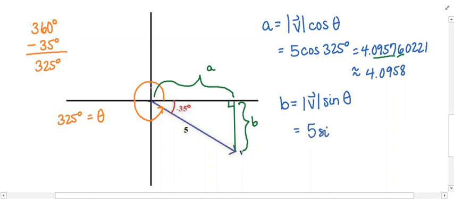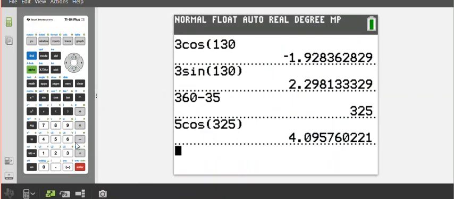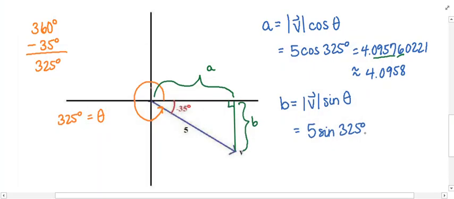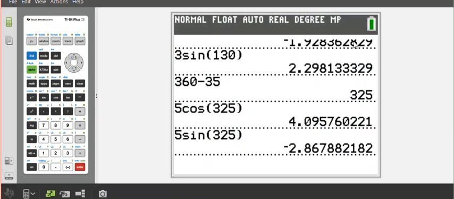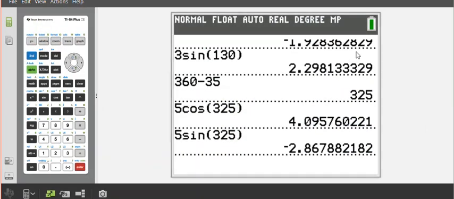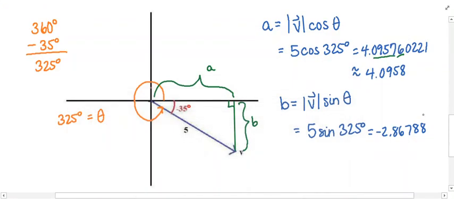To get the vertical component, which should be negative, this is going to be the magnitude of 5 times the sine of 325 degrees. It's negative as expected. So this is going to be negative 2.867882182.